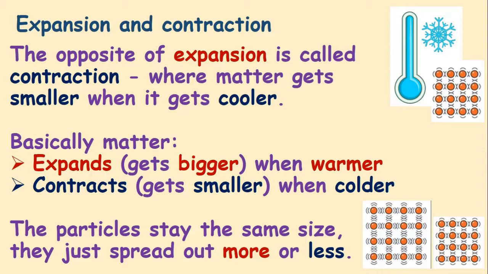The particles themselves stay the same size, but they just spread out either more or less, depending on whether they contract or expand. Remember that expansion is when the matter gets bigger, the particles spread out more. Contraction is when the matter gets smaller because the particles spread out less.